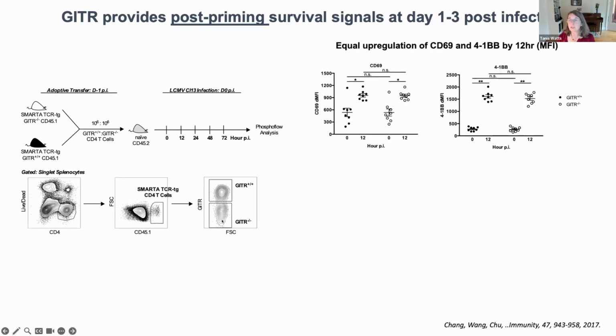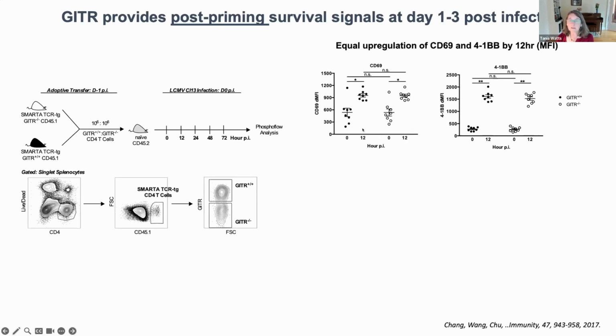The first thing we looked at was whether the cells were getting activated. So we took cells out of the spleen, either immediately or 12 hours after infection. And what you can see is that they upregulate within 12 hours 2 activation markers, CD69 and 41BB, another member of the TNF receptor family. And yet there were no differences between wild type and knockout mice.